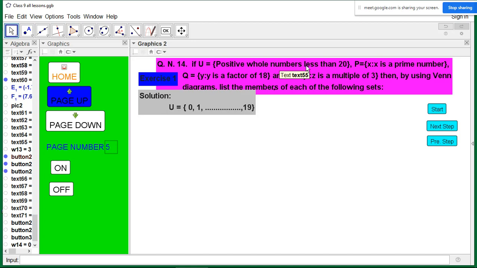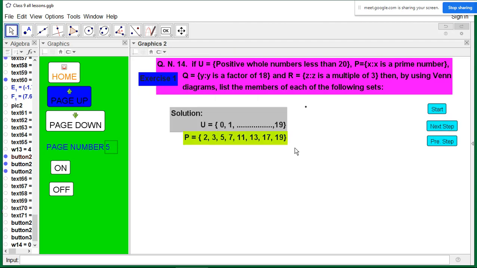So 0 to 19, and P is 2, 3, 5, 7, 11, 13, 17 and 19. Next Q is 1, 2, 3, 6, 9, 18. Next R is 3, 6, 9, 12, 15, 18.